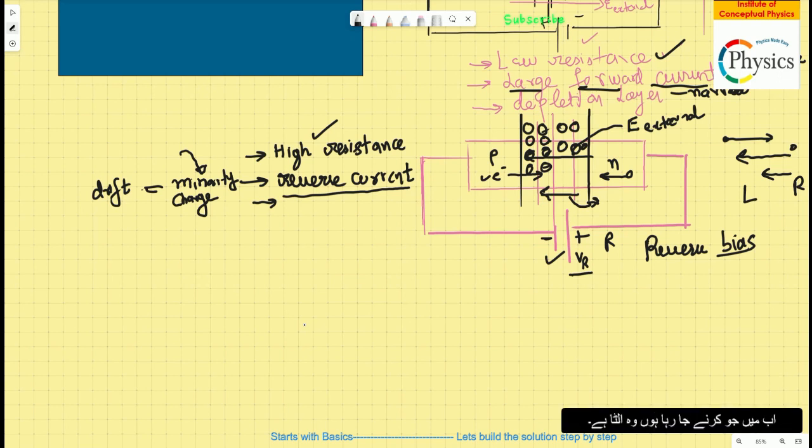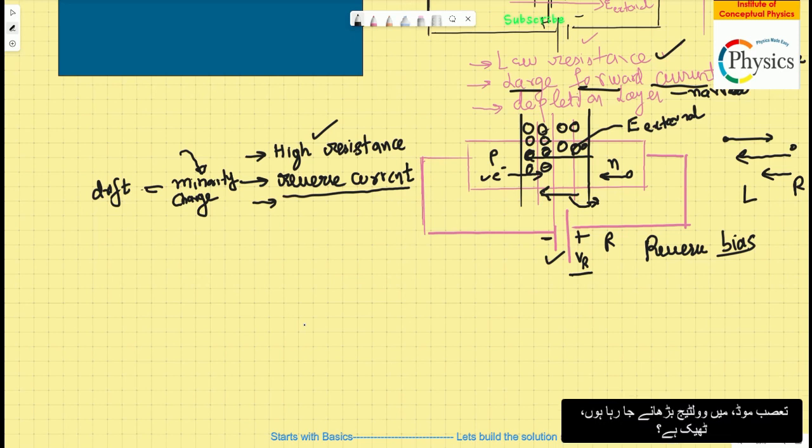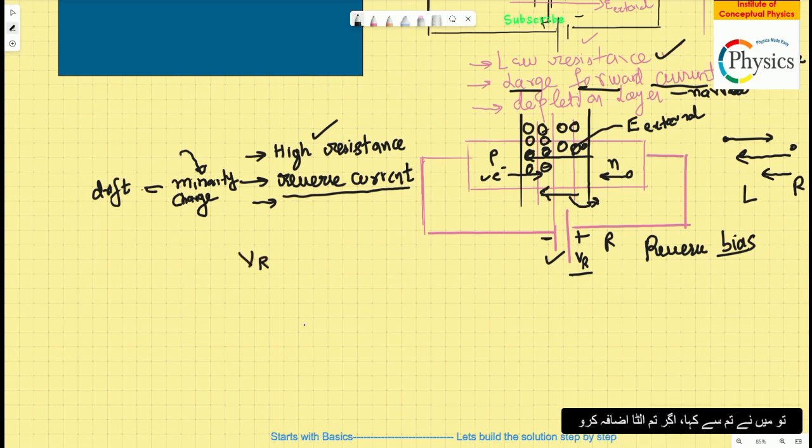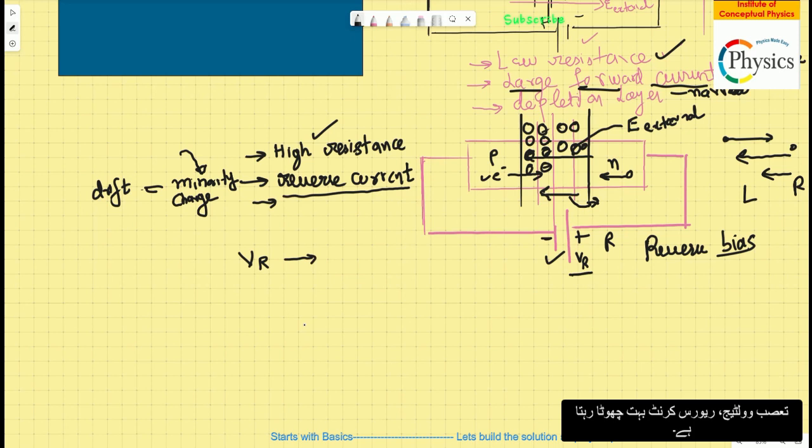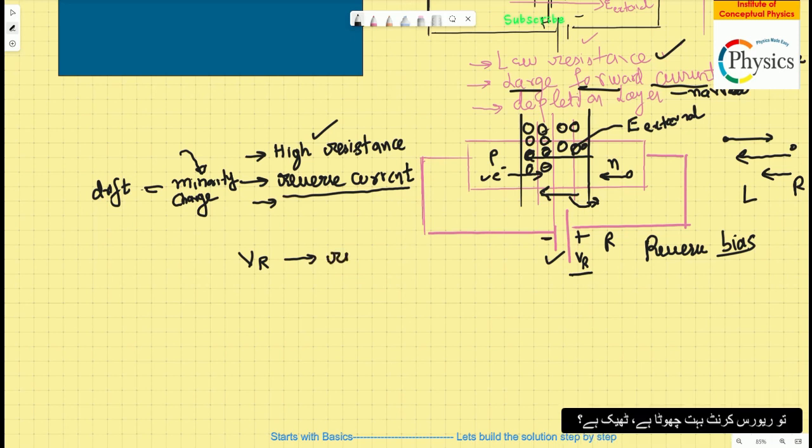Now, what I'm going to do is, in a reverse bias mode, I am going to increase the voltage, okay? So I told you, if you increase the reverse bias voltage, the reverse current remains very small. So the reverse current is very small, right?